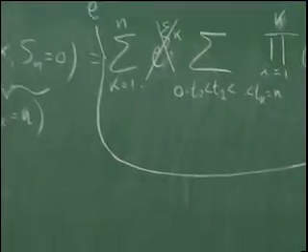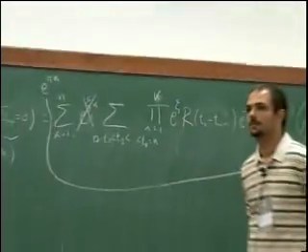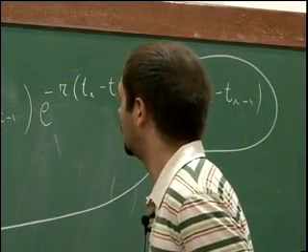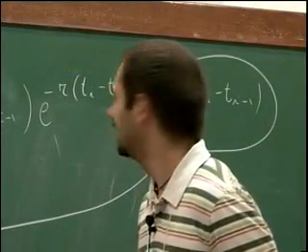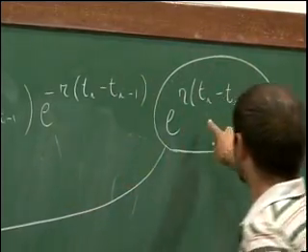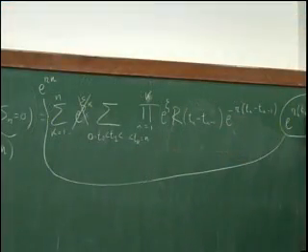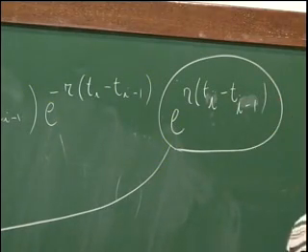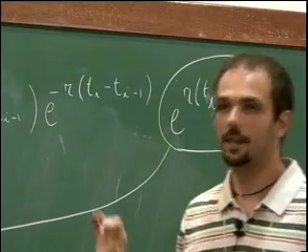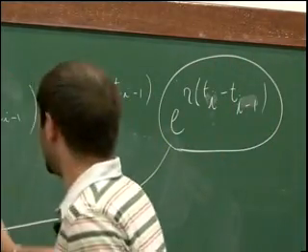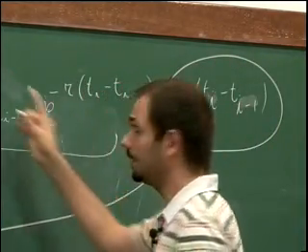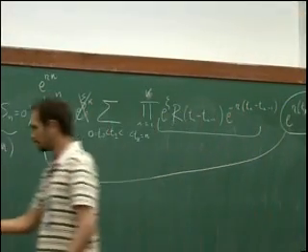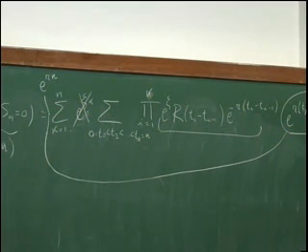Yeah? Which one? This? This is ti minus ti minus 1. Okay, I try to write it bigger. Now, the point is, if I succeed in making this a probability, I'm done.